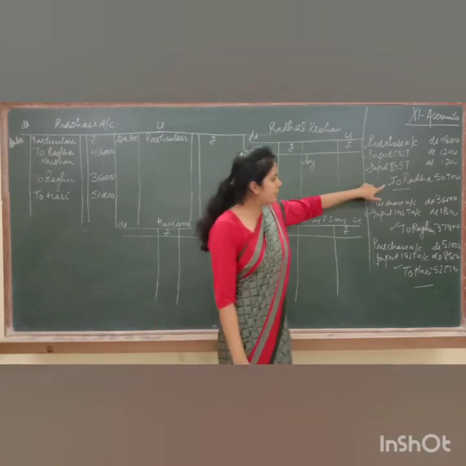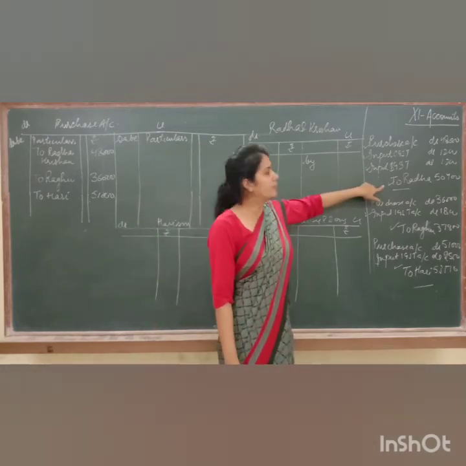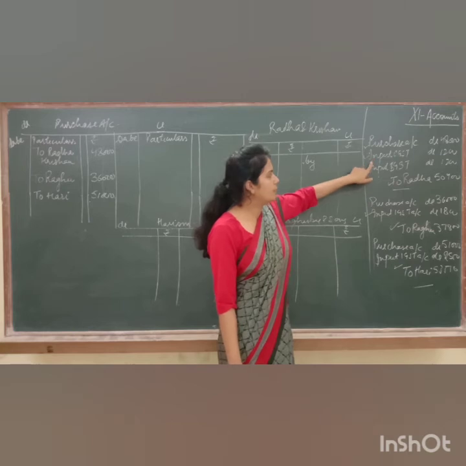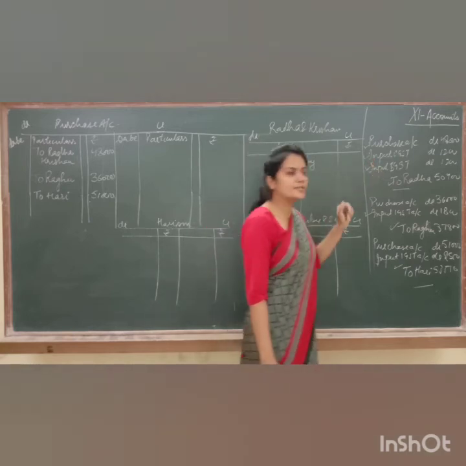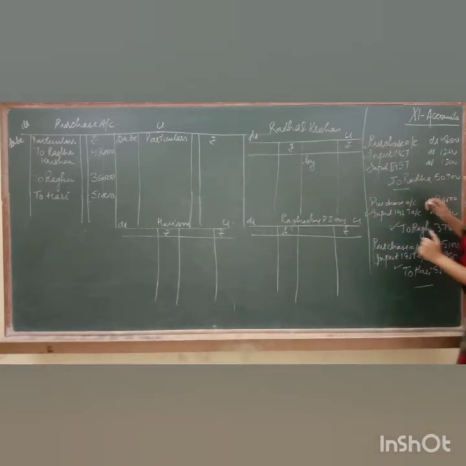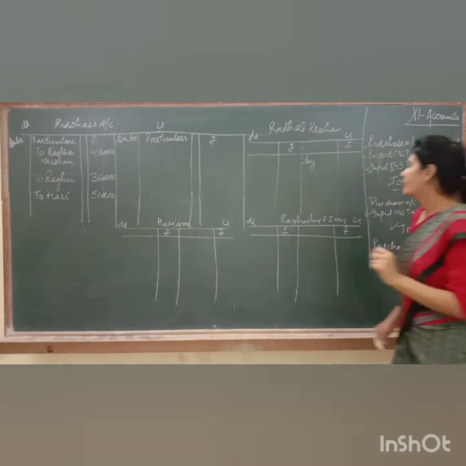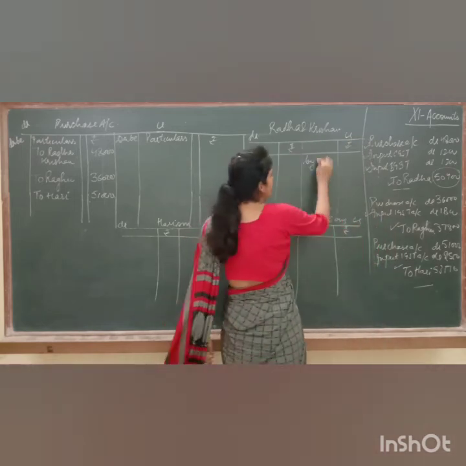Now Radha Krishna and Sons has been credited by purchase, by input CGST, by input SGST, because you can see their account has been credited with rupees 50,400. And how do we come to this figure? We have come to this figure by adding all these three. It means that Radha Krishna and Sons has been credited by all these three accounts, so we have to write the name of all these three accounts here.